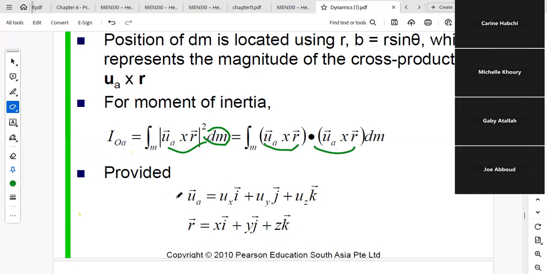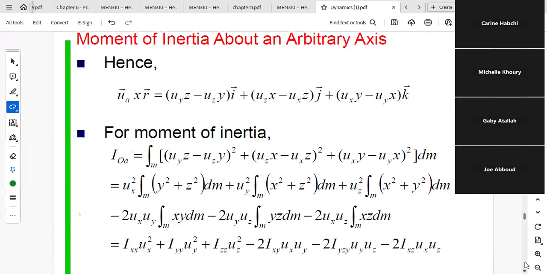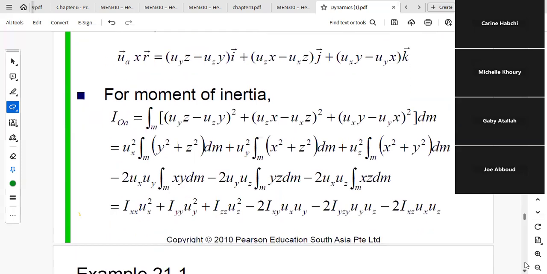If we consider unit vector UA as ux i plus uy j plus uz k, and we know that the position vector r is x i plus y j plus z k, if you do the mathematical expansion, of course, you can directly use the final result. If you do the mathematical expansion of this, you end up with the following formula, and you have the right to directly use this formula.